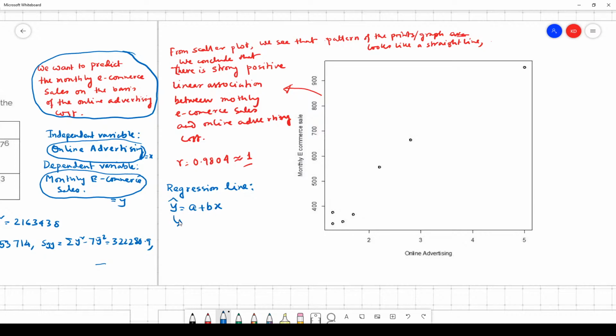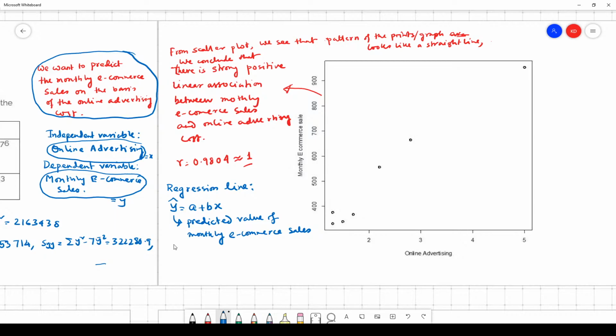Y hat is the predicted value of monthly e-commerce sales, and x is the online advertising which is given.